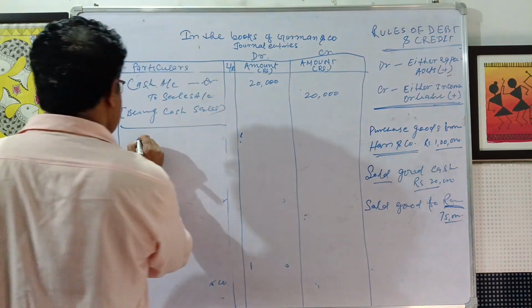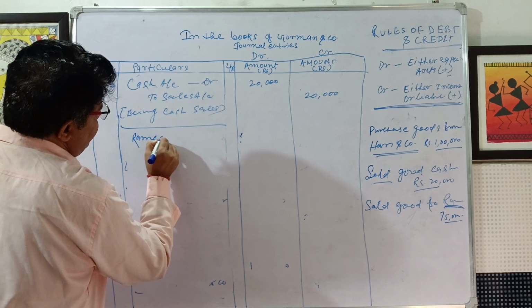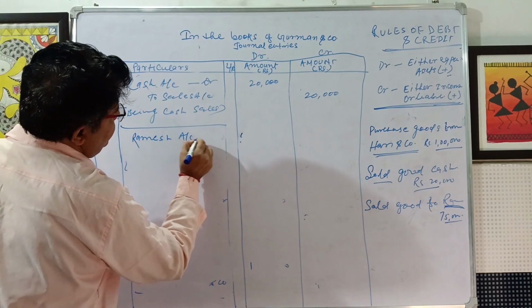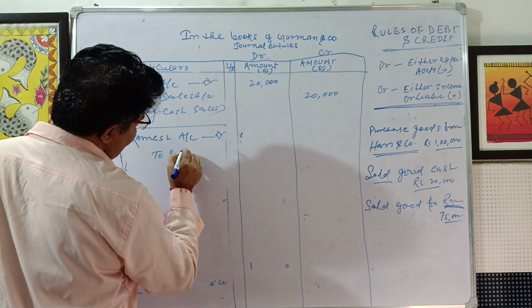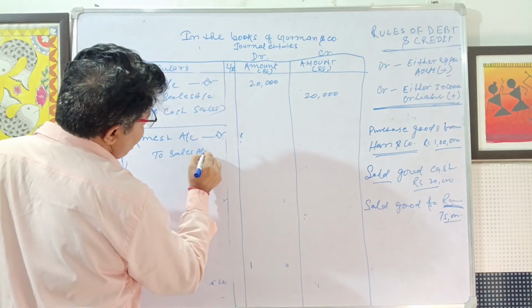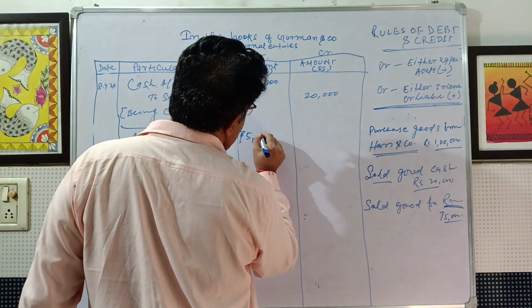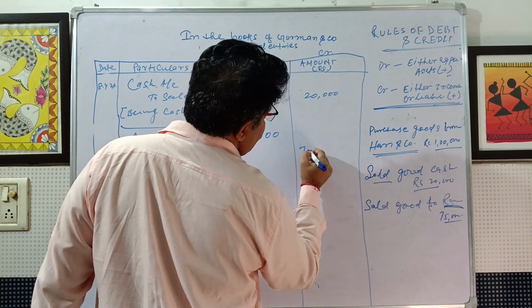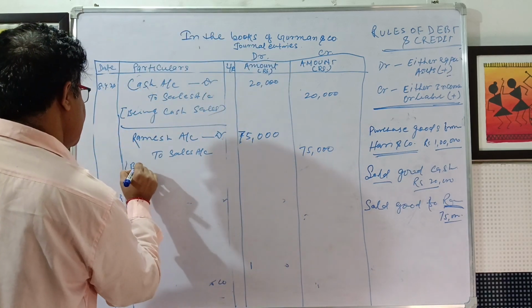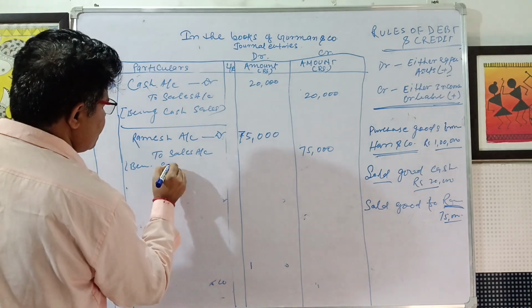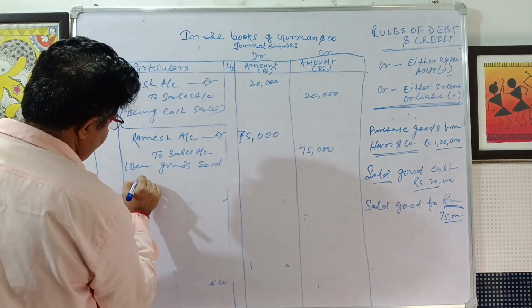So write Ramesh account debit to sales account, 75,000. Narration: being goods sold on credit.